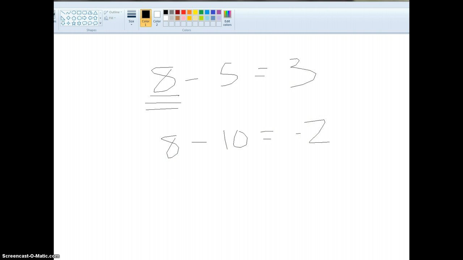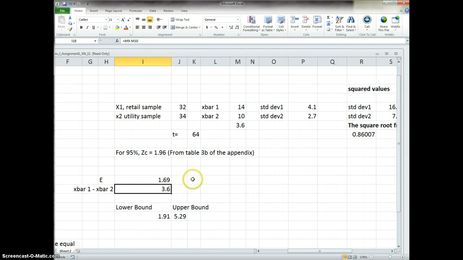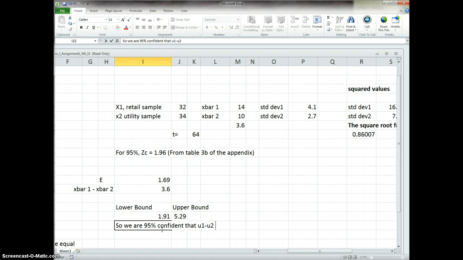So because we're 95% confident that when we subtract it, we're going to get a positive answer between 1.91 and 5.29, that means we're 95% confident that the first number is bigger, because we're getting a positive answer in our subtraction. So we are 95% confident that u1 minus u2 will be in this range.